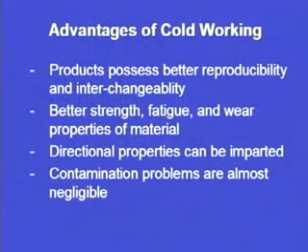Then contamination problems are almost negligible. Why are contamination problems negligible? Because sometimes we see some kind of scale formed on the surface of the metal. Why does that scaling take place? Because at elevated temperature the product may react with the atmospheric oxygen or with the environment to form a certain type of scale.